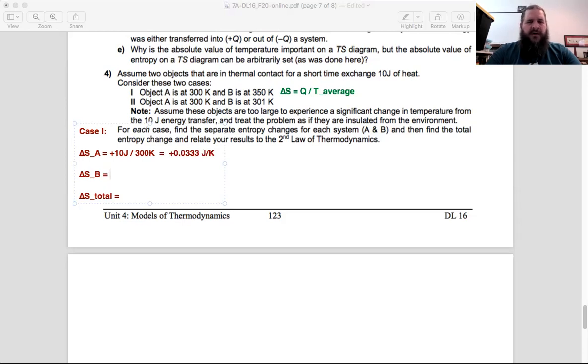What about for object B? What's going to be different there? Yeah, since B is losing heat, we would write its heat as negative 10 joules. Heat is leaving object B and entering object A. So for object B, we've got negative 10 joules divided by what temperature?